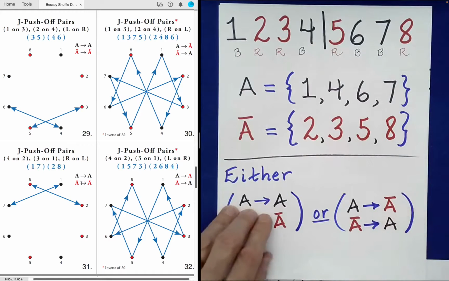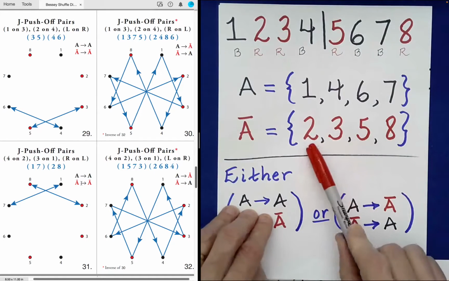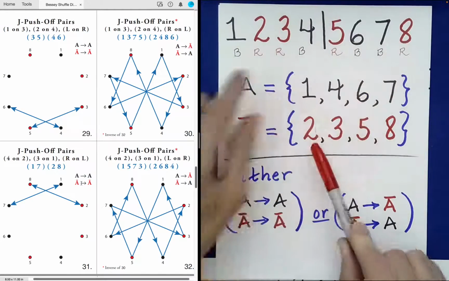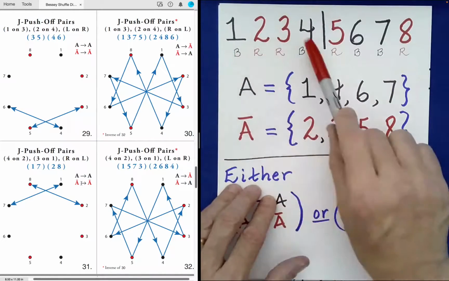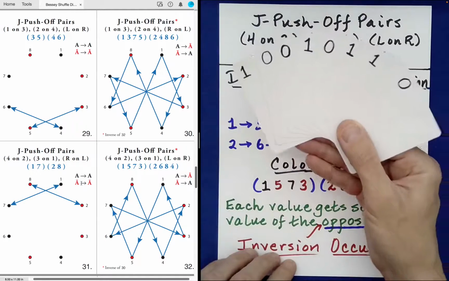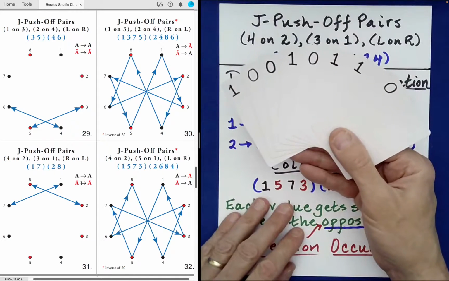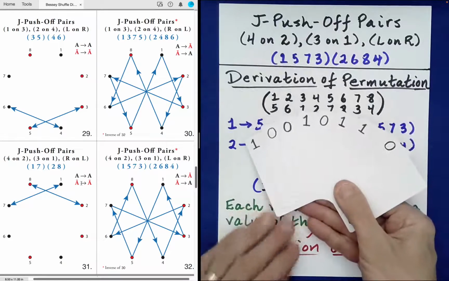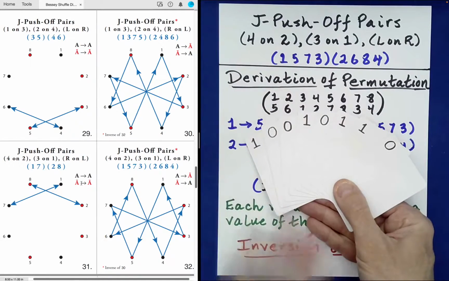And in a similar way, the cards that originally began in positions 2, 3, 5, 8 get moved to positions 1, 4, 6, 7. Since inversion occurs, we should be able to detect that using our Bessey sequence 1, 0, 0, 1, 0, 1, 1, 0, because this shuffle should invert this sequence.